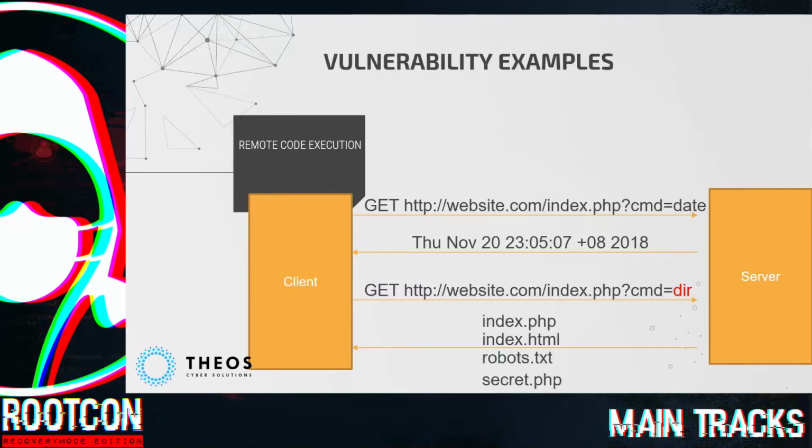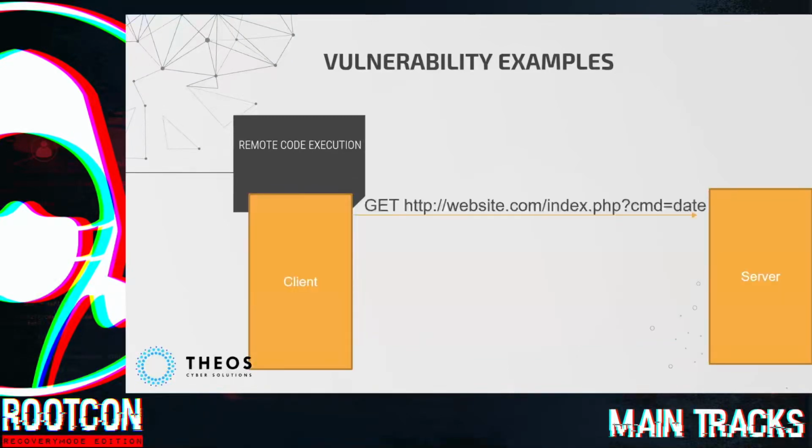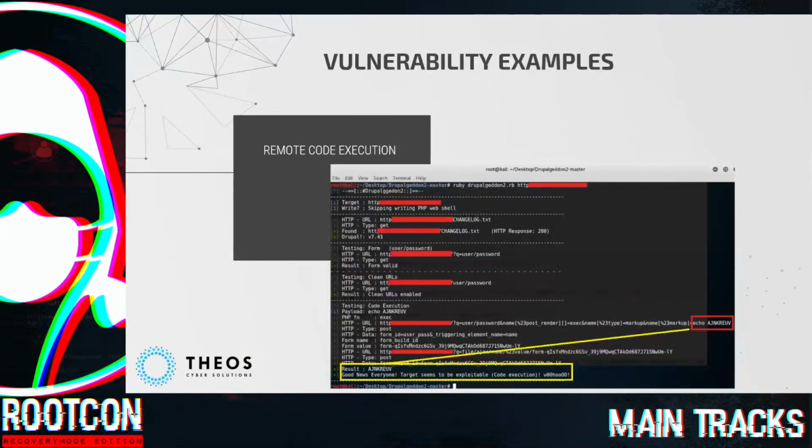If we do a dir command, it returns these example files, which are currently in, as you can see earlier, /var/www/html. So basically, what the server returned is the contents of the HTML directory. This is also an example of remote code execution.